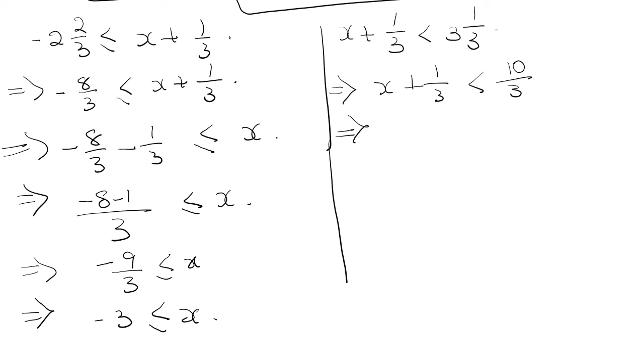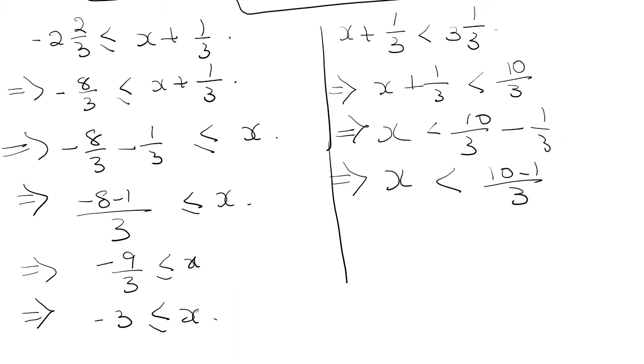So this implies x is less than 10 upon 3, and this plus 1 upon 3 when it goes that side becomes minus 1 upon 3. So this implies x is less than 10 minus 1 upon 3. Okay, so this implies x is less than 10 minus 1 is 9 upon 3. So this implies x is less than 3.